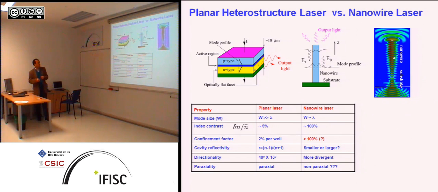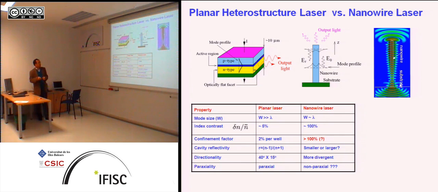I'll show you what this means in terms of device operation. The second aspect is index contrast. In a gallium arsenide AlGaAs system, the cladding layer and core layer have a relative index contrast of a few percent, because of the small index difference between gallium arsenide and AlGaAs.